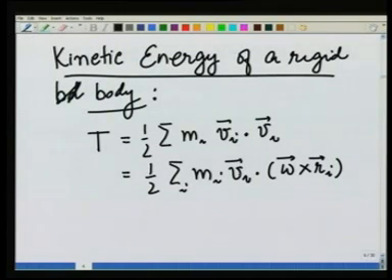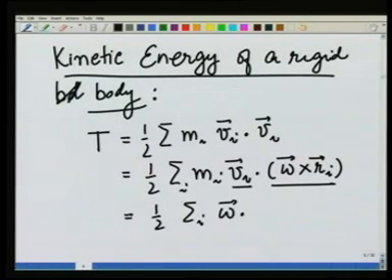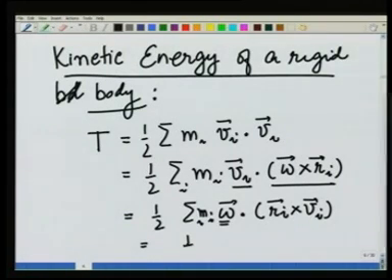This is a dot product of a vector with a cross product. So, I can use the permutation formula and write this as 1/2 summation of omega dot Ri cross Vi, and mi is always there. Since omega is constant, summation mi Ri cross Vi is L. This comes out to be 1/2 omega dot L.